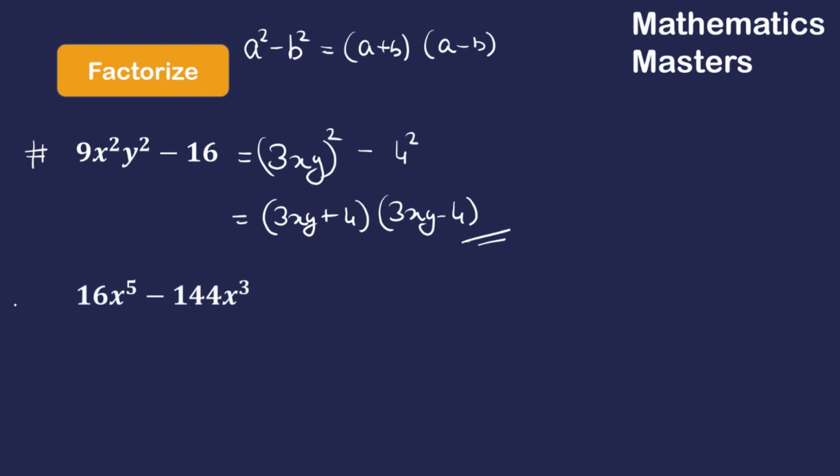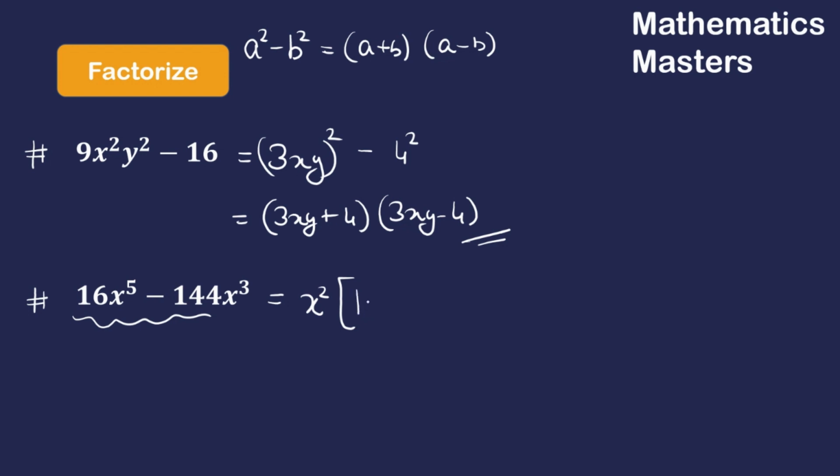The last but not the least is 16x raised to 5 minus 144x cube. Now, the most important rule of factorization is to take common. Can we take common among these two terms? Well, yes. The first thing, always try to take common. So I can take common x square.